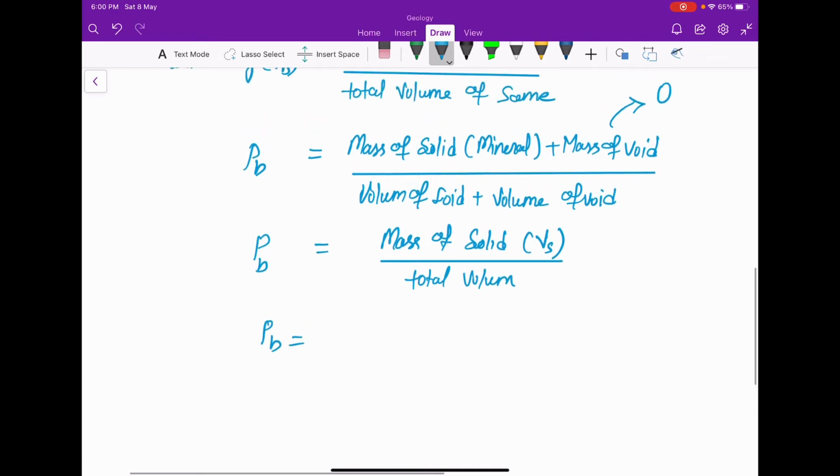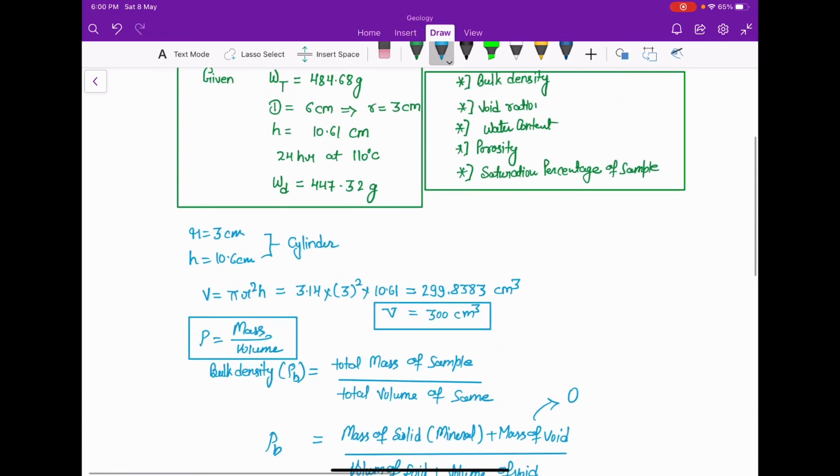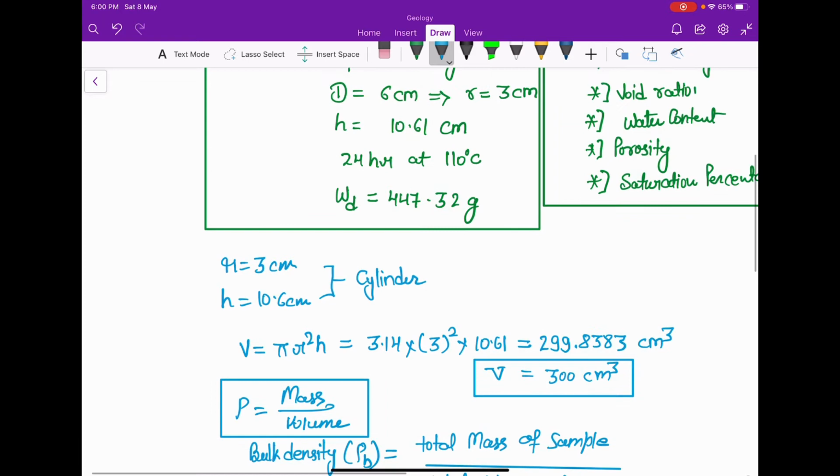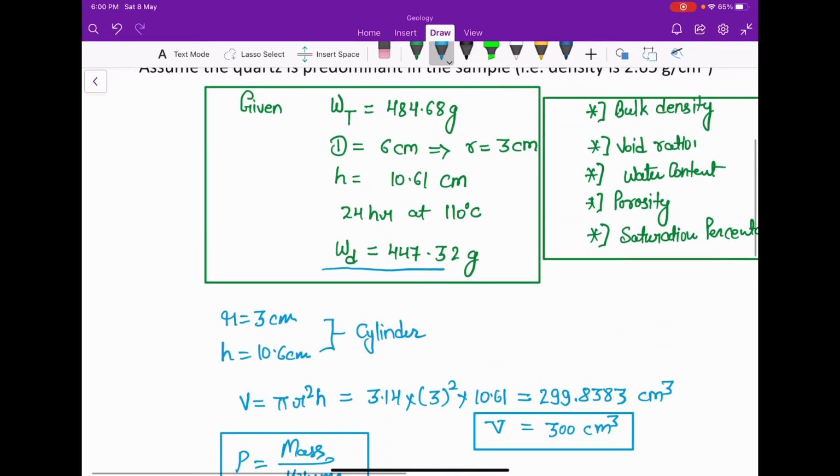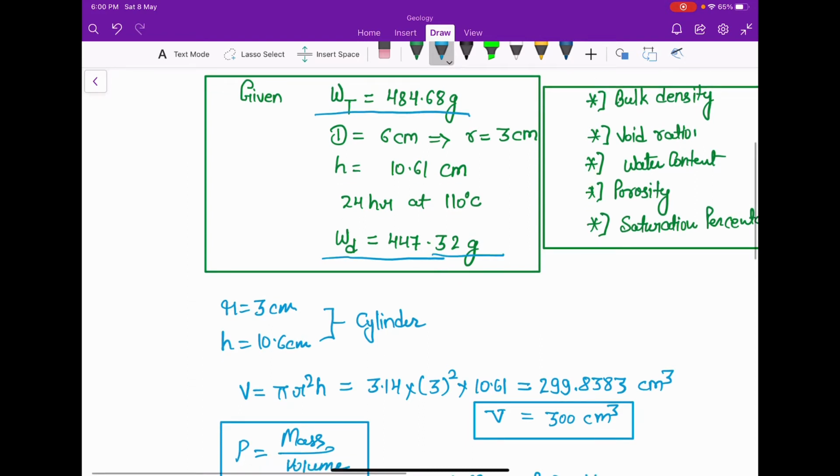So the mass of solid, only solid, is given here as 447.32. We will not consider the weight of solid plus water.